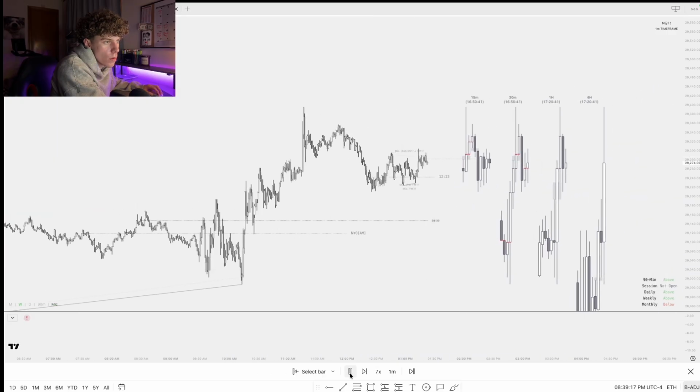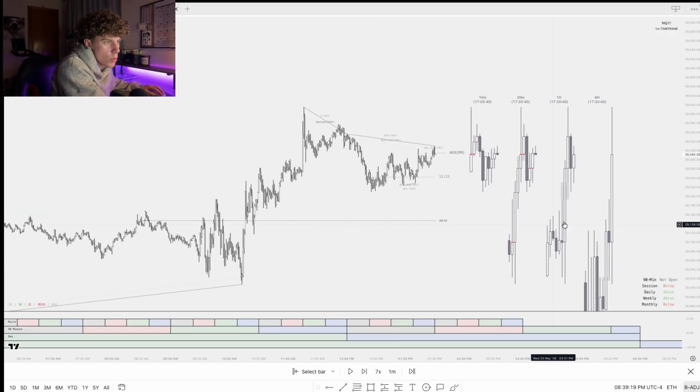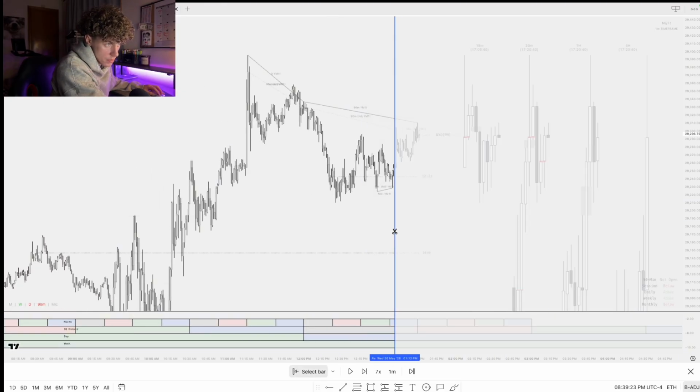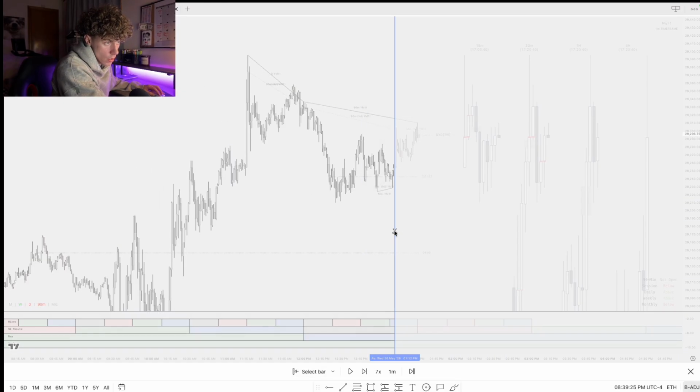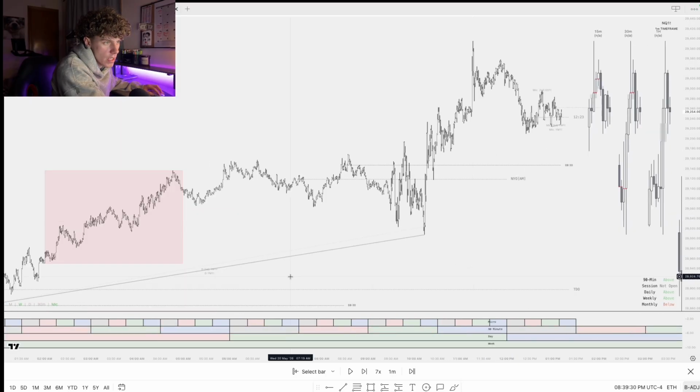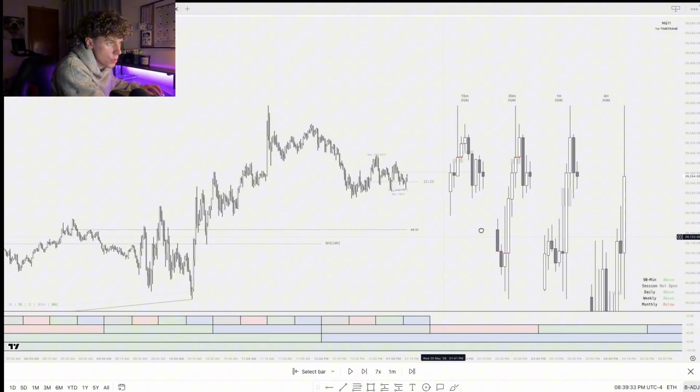So we can see going into PM session, we might get a move. So our first SSMT in the PM session, after getting this daily SSMT, this is the first bullish SSMT that we've seen all day.